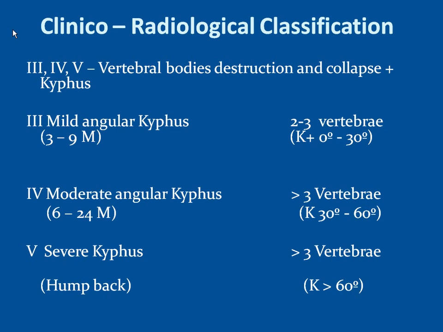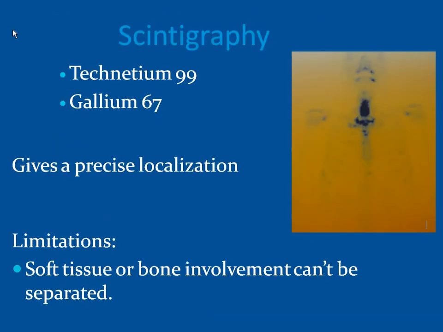Where there is more than 3 vertebral involvement, the kyphus increases roughly up to 60 degrees. But whenever there is a big hump, that is, the kyphus is more than 60 degrees, normally involving more than 3 to 4 vertebrae. And all this comes, these 3, 4, and 5 are classified onto a late stage.